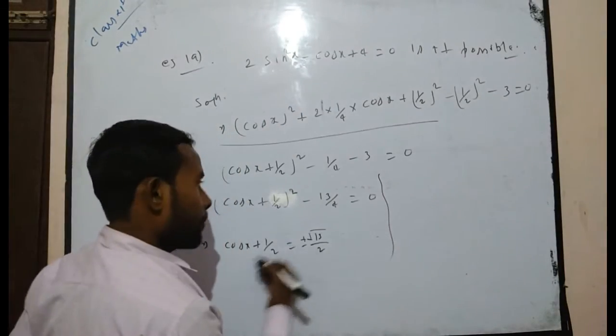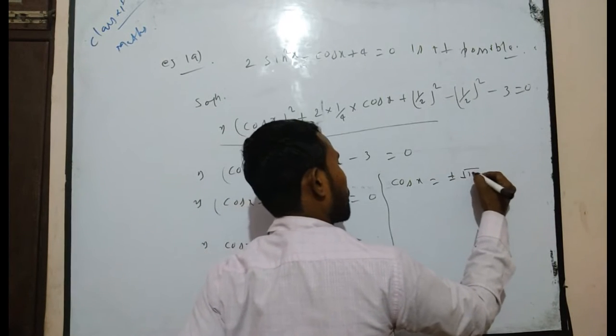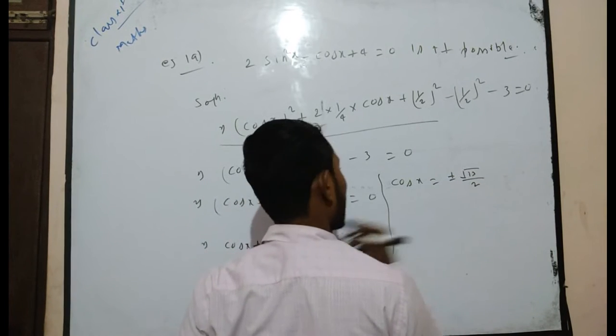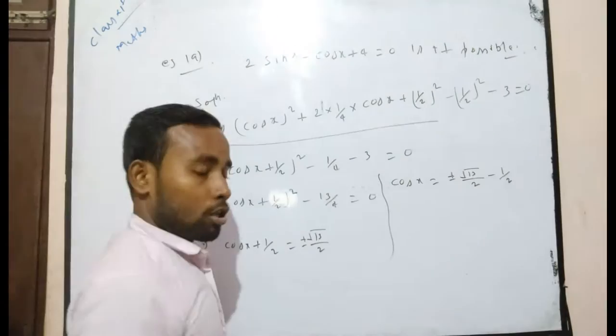Now if you find cos x, you get plus minus root 13 by 2 minus 1 upon 2. It is the value of cos x.